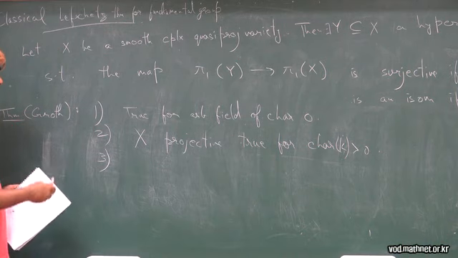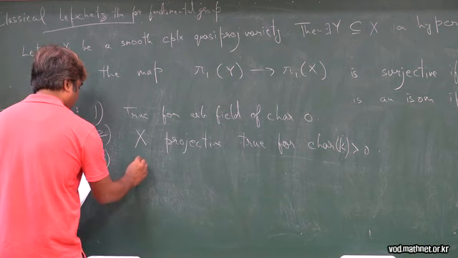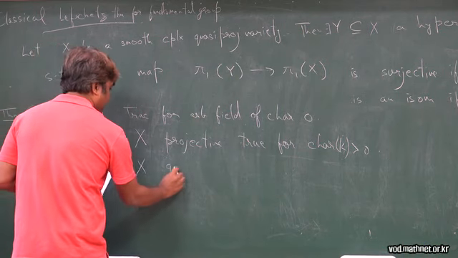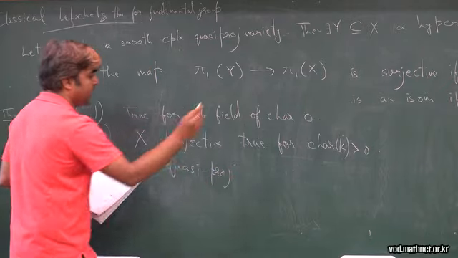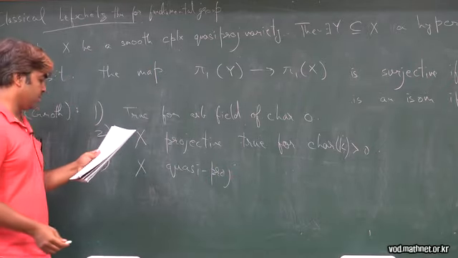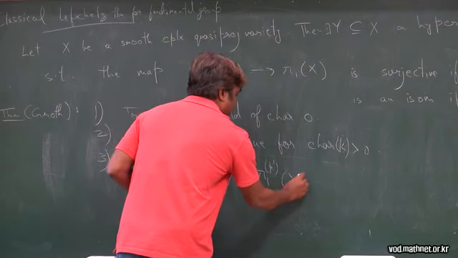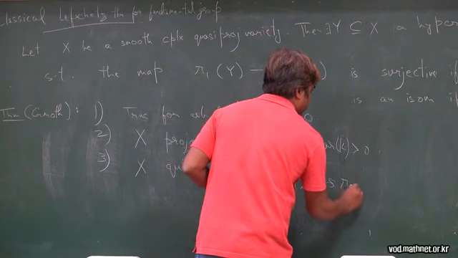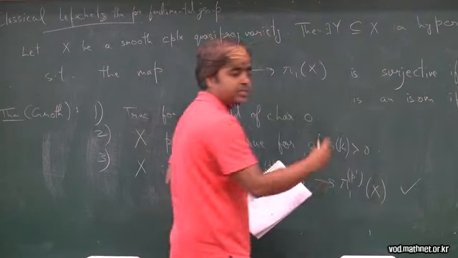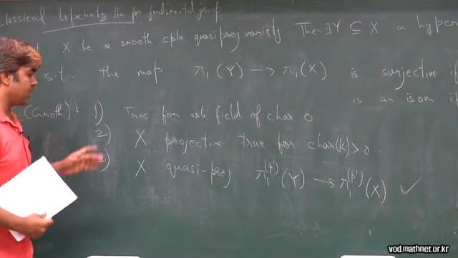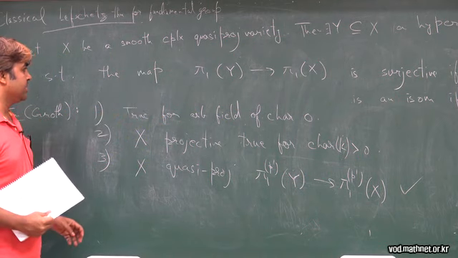But for quasi-projective it is actually false, and I'll come to the reasons. But for X quasi-projective, if you only look at the prime-to-p part of the fundamental group, then the same statement works out: pi 1 p-prime of Y to pi 1 p-prime of X is surjective if dimension X is equal to 2.